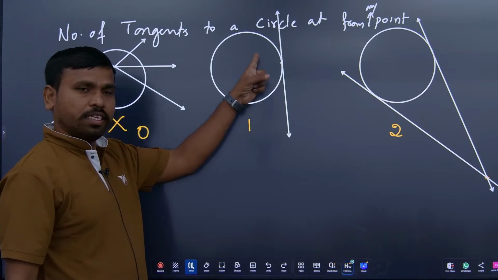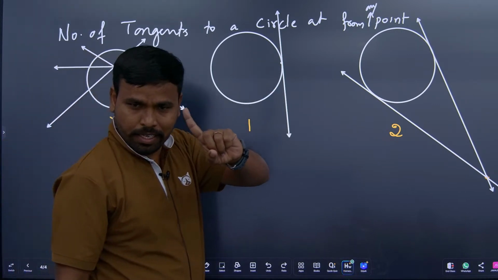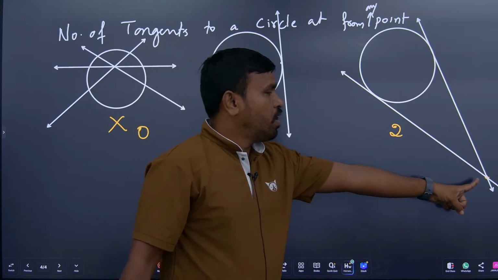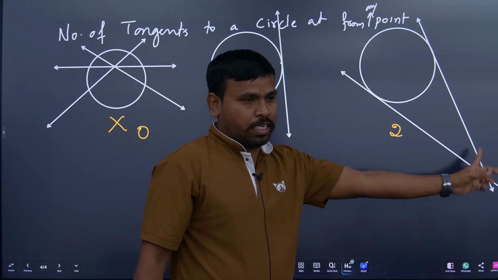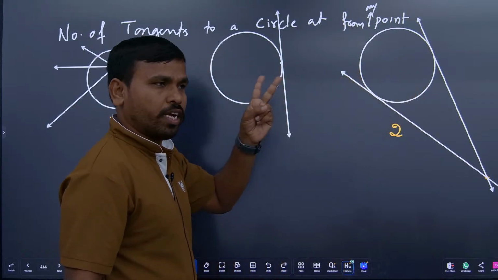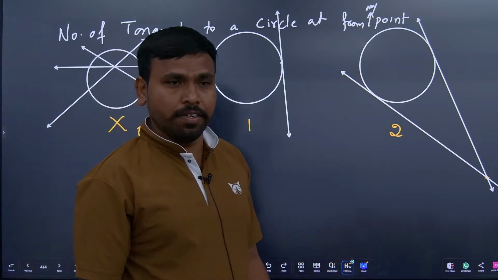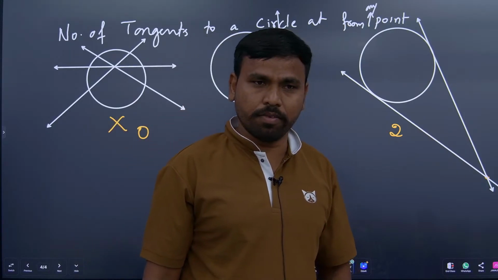From a point on the circle, we can draw only 1 tangent. From a point exterior to the circle, we can draw a maximum of 2 tangents. Is that clear? This is the activity that you can find in your textbook.